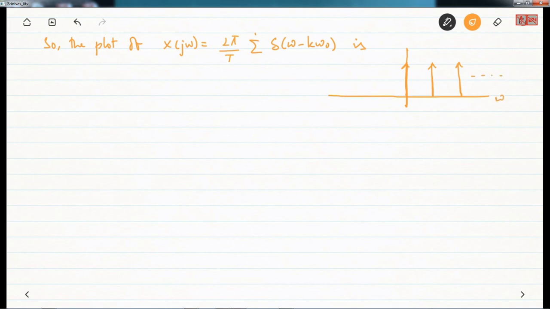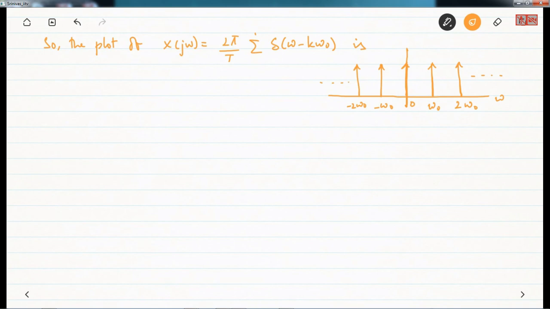This is omega, this is omega naught, this is 2 omega naught, this is 0, this is at minus omega naught, and this is at minus 2 omega naught, and so on.